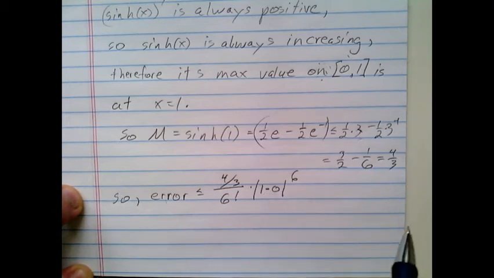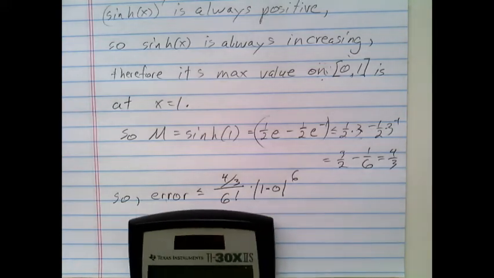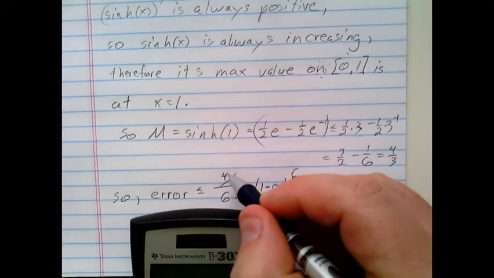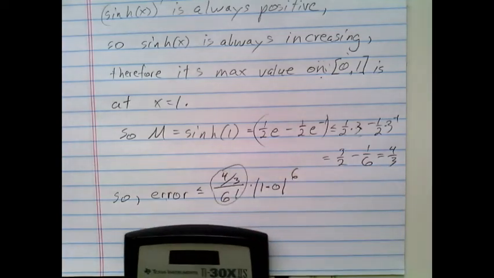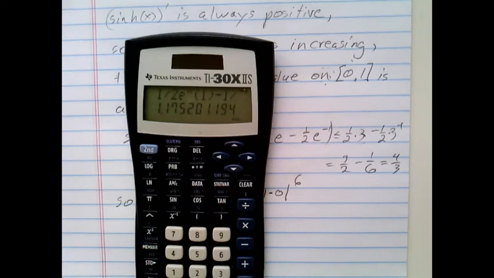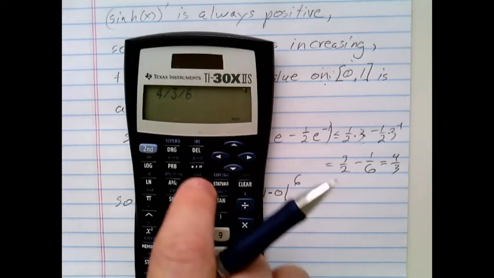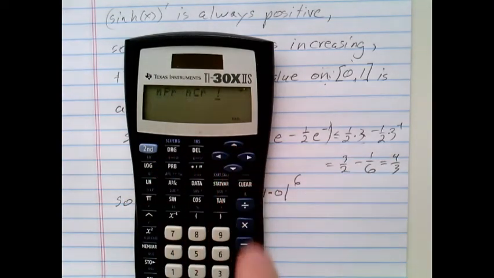I think I'm back at a point where I can start plugging stuff into my calculator again. So 4/3 divided by 6 factorial. Hopefully that's not a real big number. 4 divided by 3 divided by 6 factorial.